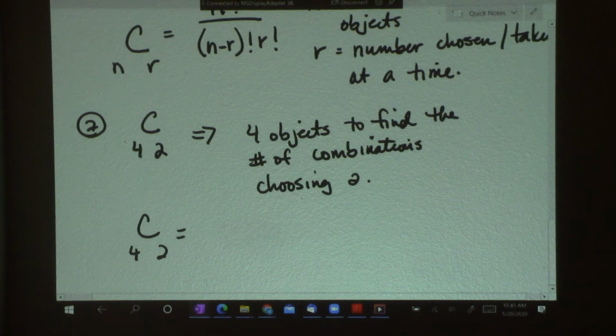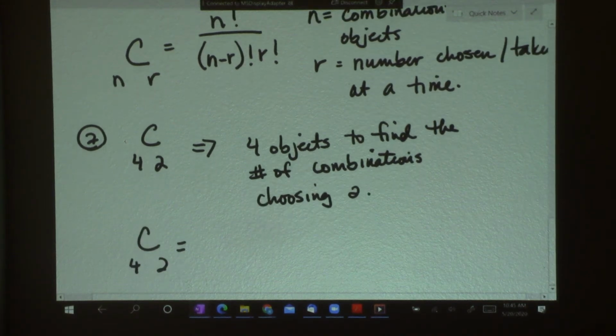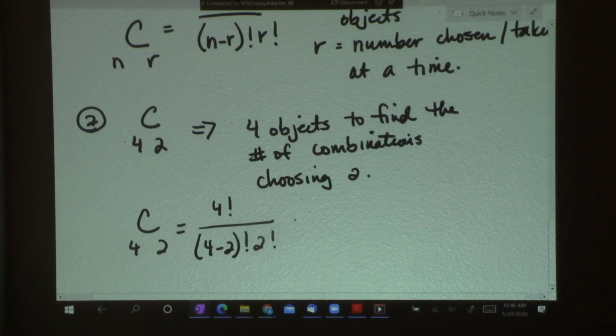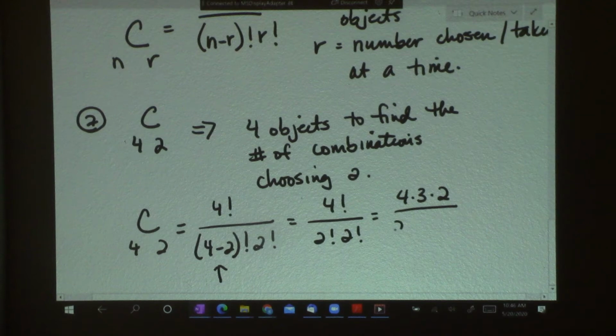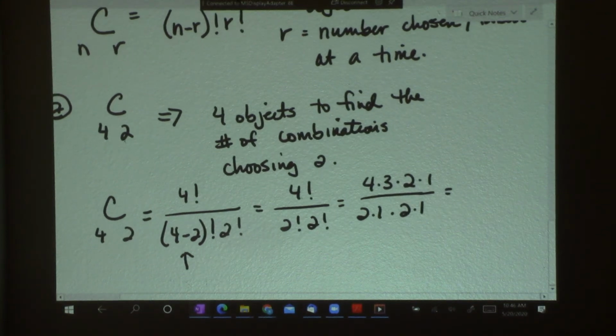So I've got n factorial up here, just putting the numbers in the formula, 4 minus 2 factorial times 2 factorial. Okay, so let's work that out. I have 4 factorial over, I'm going to subtract here, and I get 2 factorial, 2 factorial. So when I work that out, I get 4 times 3 times 2 over 2 times 1, 2 times 1. All right? So then, what can I cancel out?